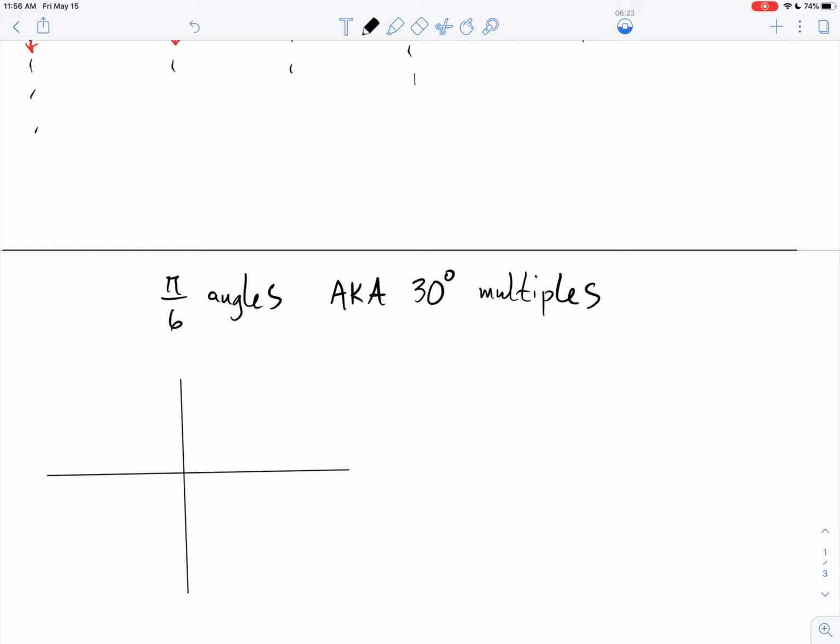If I want to draw a 30-degree angle, I would get this guy right here. Now, that is also known as a pi over 6th angle. I also know that if I wanted to, I could draw a 150-degree angle.